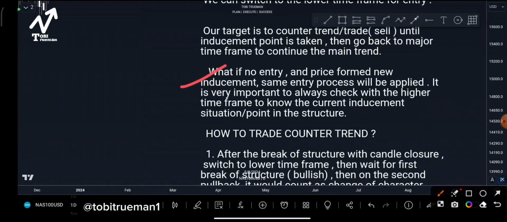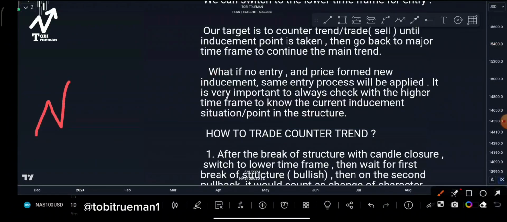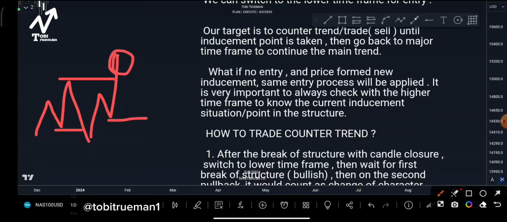Then what if there is no entry in the first pullback and price forms a new inducement? On that second pullback, the same entry process will be applied. It is very important to always check with the higher time frame to know the current inducement point in the structure. Sometimes, after price has given this type of structure in the higher time frame and there is a break of structure, we look for our entry to sell from this point to this inducement point.